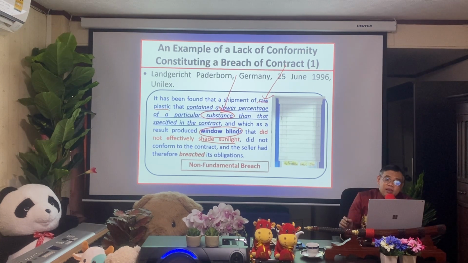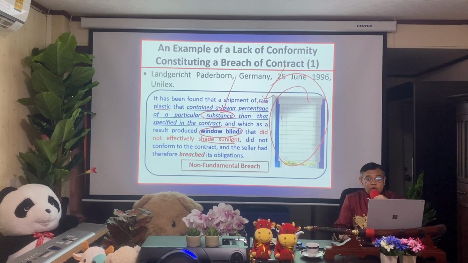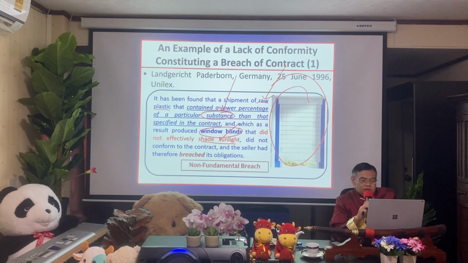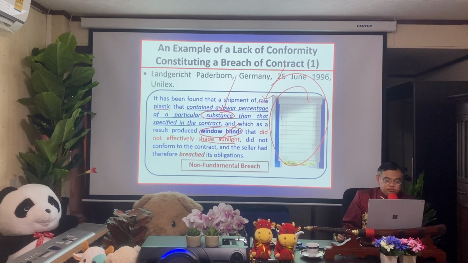So when the raw plastic contained a lower percentage of this substance, that means that the window blinds which were produced could not shed sunlight quite effectively. That caused impact on the buyer, because the products which would be produced could not shed sunlight very effectively, because the raw plastic which was used for producing them did not conform with the contract. In this case, of course, it was the lack of conformity in the goods.